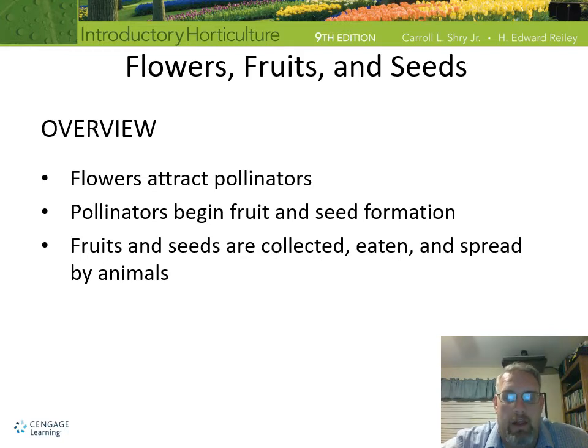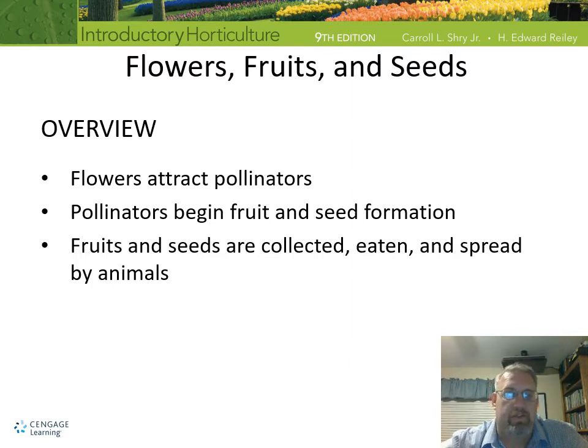And the pollen is the male fertilizing agent of a seed that will be taken to a female seed and fertilize that seed to be viable.